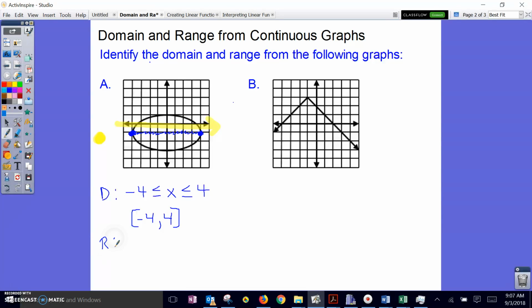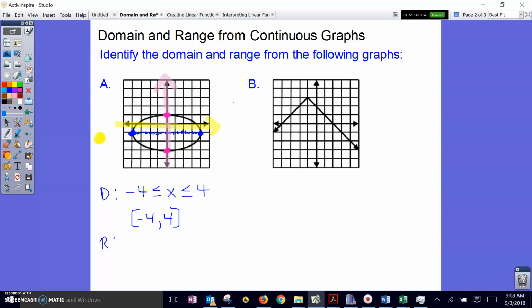All right, next, range. Now range, we're looking at the y values, so we're going to read this again, just like we did with the discrete graphs, from bottom to top. We find the first place where there's a point on the graph, reading it from bottom to top. It happens right here. And we keep reading, there's points on the graph, all the way up to here. After that point, there are no more points on the graph.